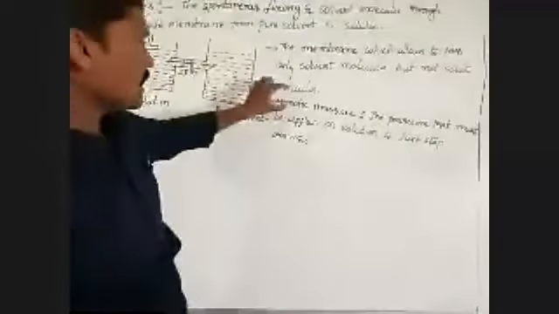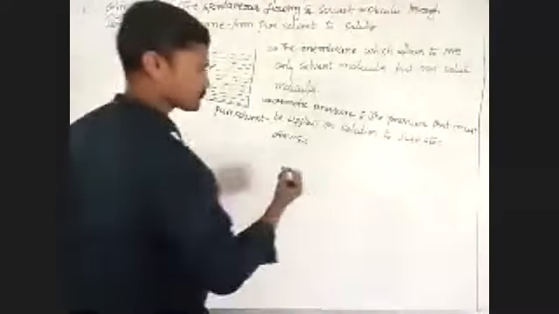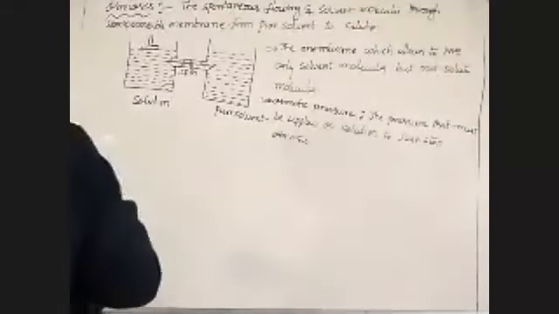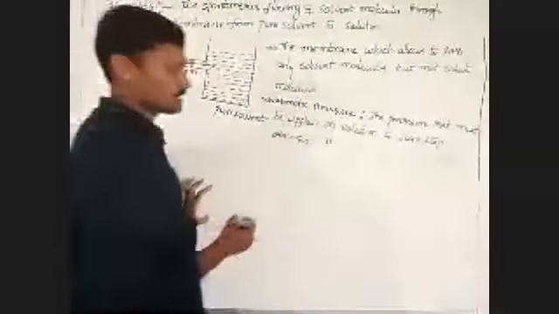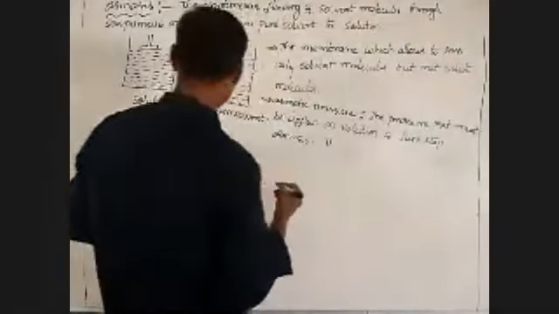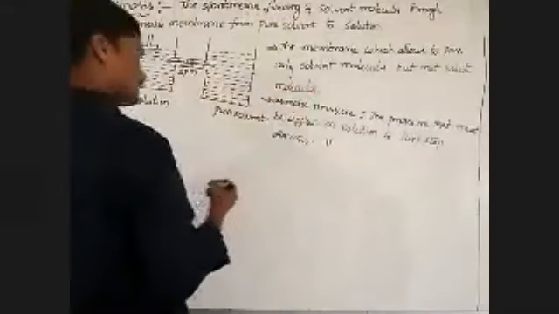Now here, osmotic pressure phi is directly proportional to concentration. That is, phi is equal to CRT, where C means concentration, R is the universal gas constant, and T is temperature.